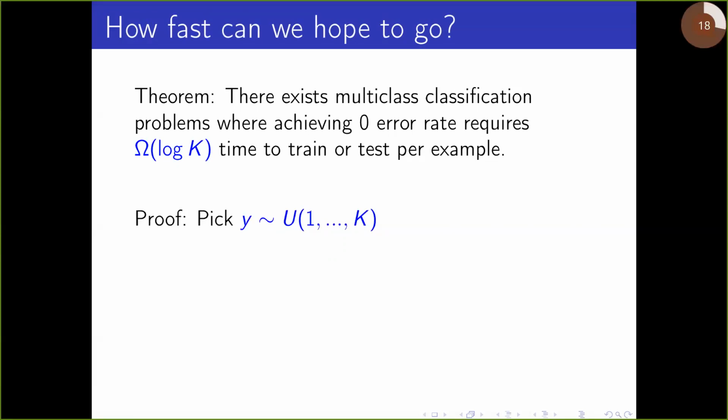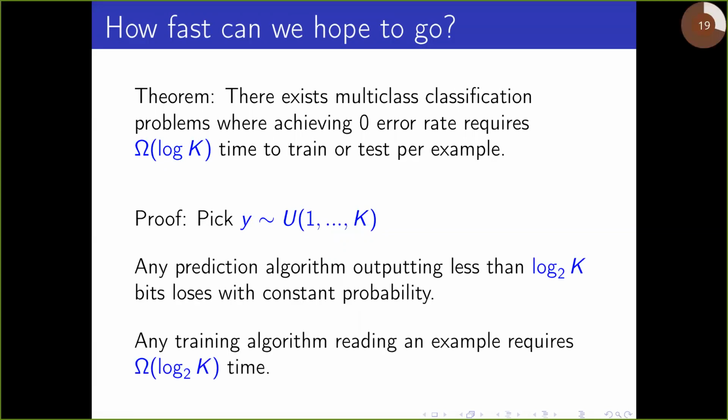Well, we're going to create a multi-class data set where you first pick y uniformly at random, and then any prediction algorithm has to use log base 2 of k bits to output the answer. And so, you have to take log base 2 of k time. So very simple. The interface itself essentially requires logarithmic time.